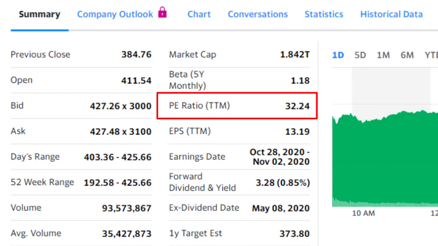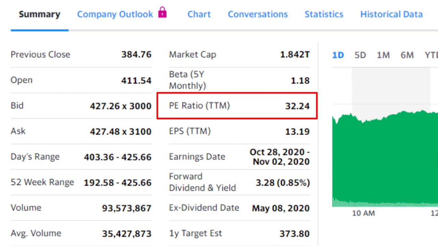PE ratio is often used by investors to determine the value of the stock. A low PE ratio may indicate that the stock is undervalued. A high PE ratio may indicate that the stock is overvalued. Many other factors go into the valuation of a stock, but the PE ratio is an indicator that investors use.